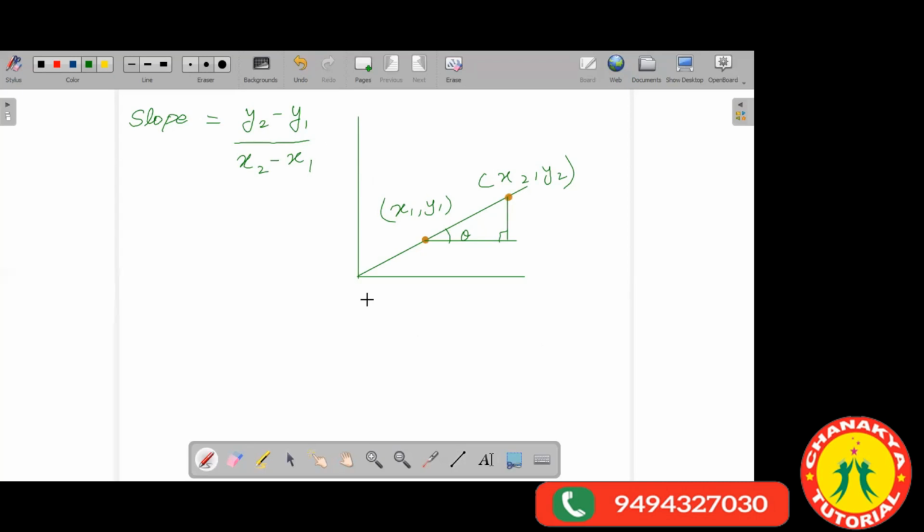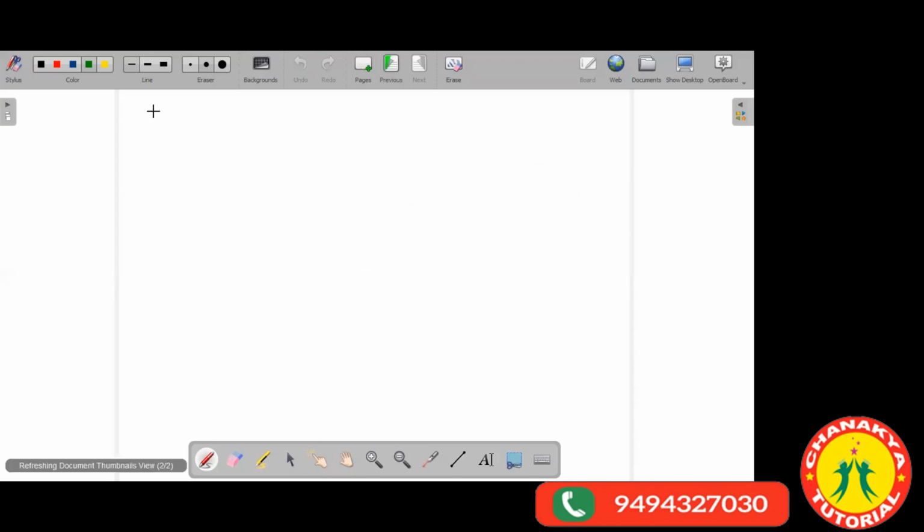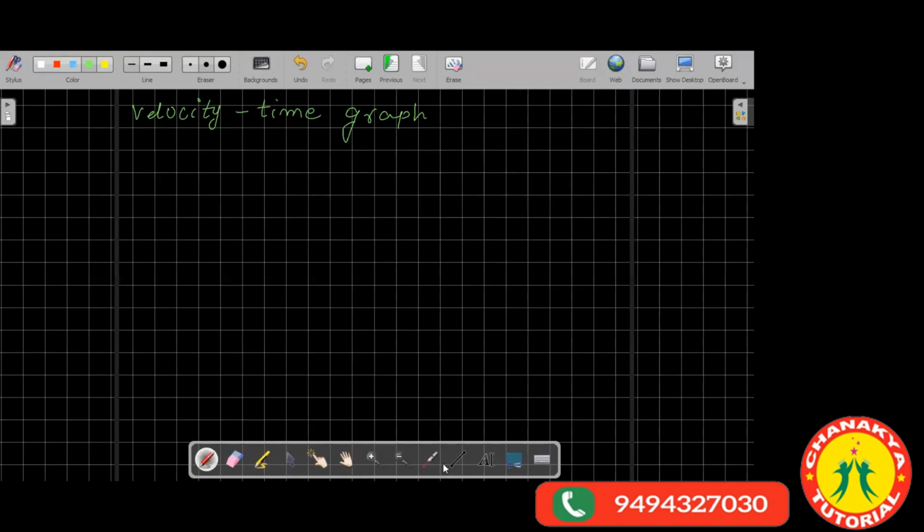We will see what the different velocity-time graphs are.